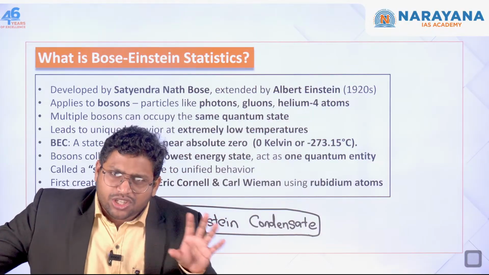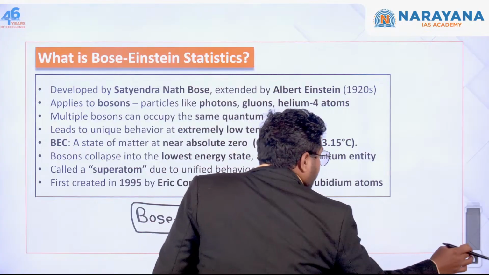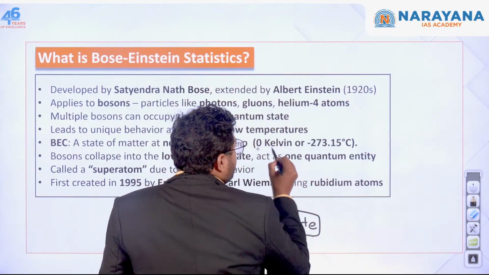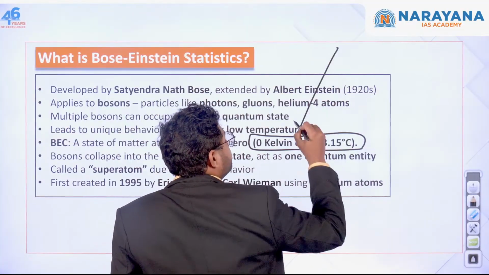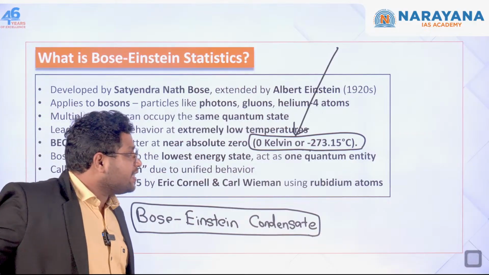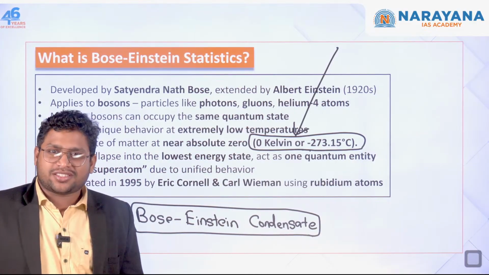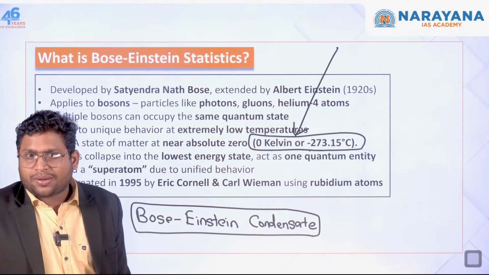I'm not talking about 0 degrees. If you check the temperature in kelvins, we are reaching 0 Kelvin, or minus 273.15 degrees Celsius. This is what we call absolute zero temperature.